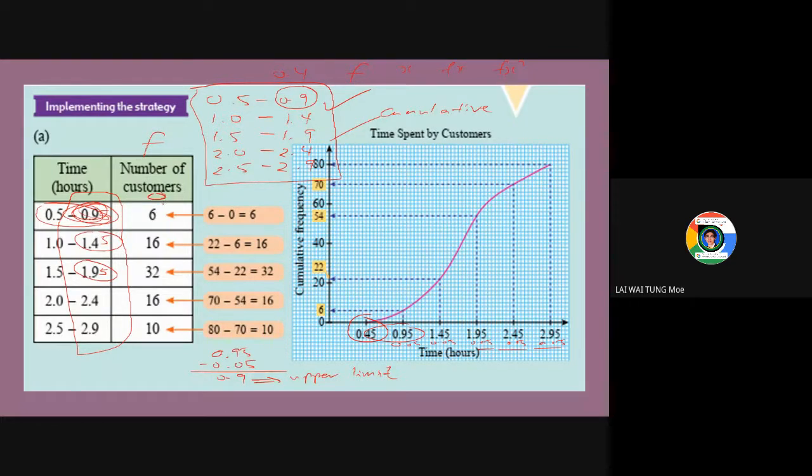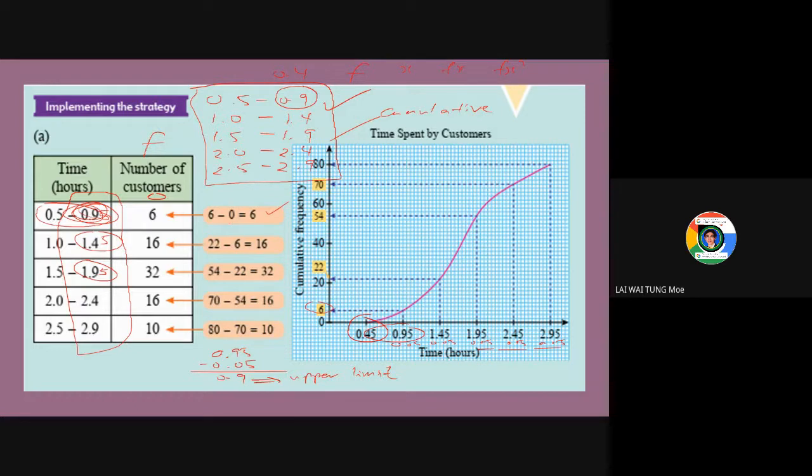To get the second one, you look at 0.95. The cumulative frequency at 0.95 is 6. So the frequency is 6 minus 0.